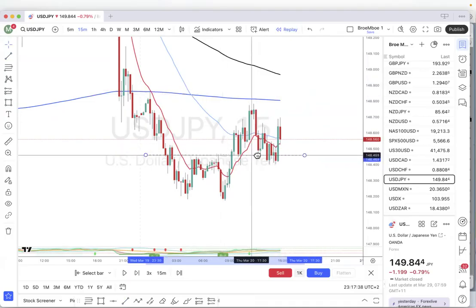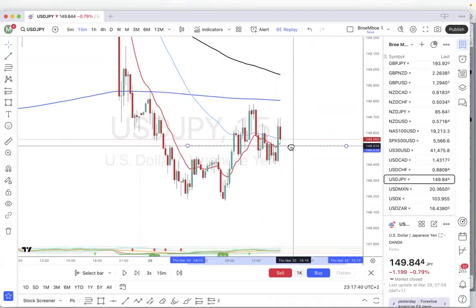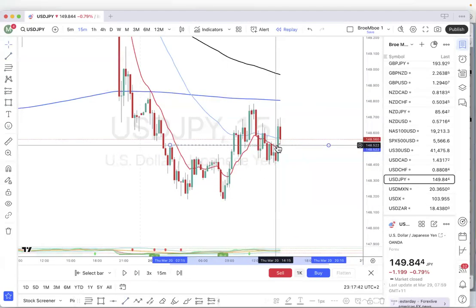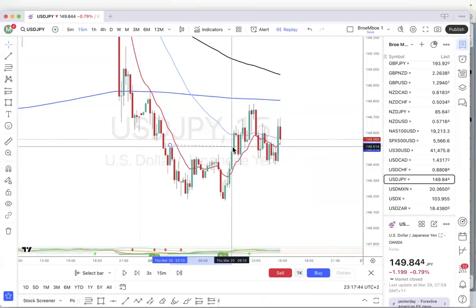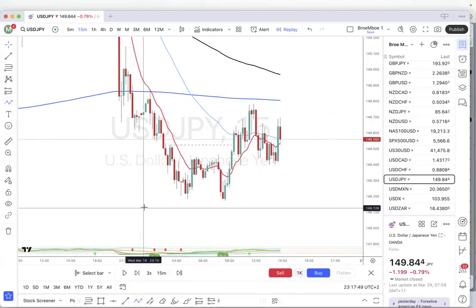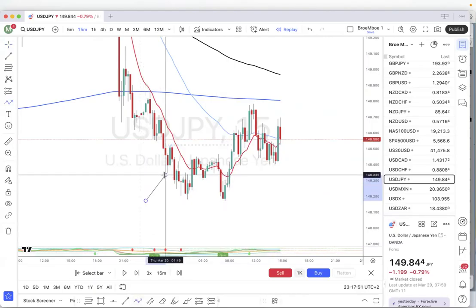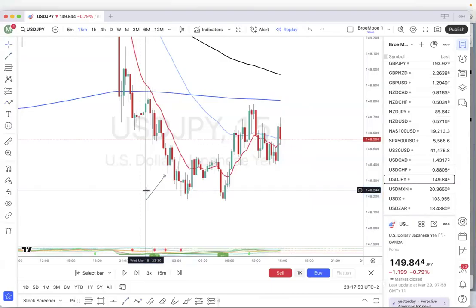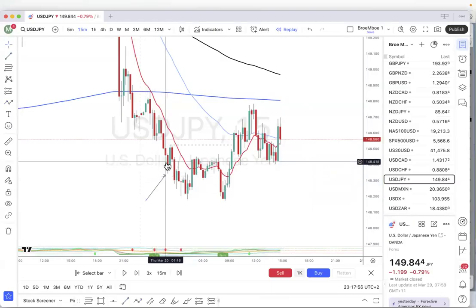Now, if you look carefully, because the lower time frames are a bit tricky, even that is a break of structure too. What do I mean? Here is your low. Uh-oh. Here is your low. And after the low, the market pushed up and then the market pushed back down, taking that low away.